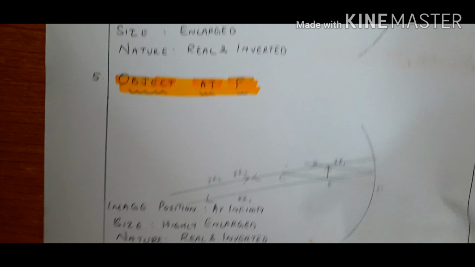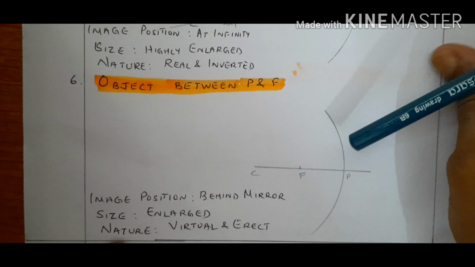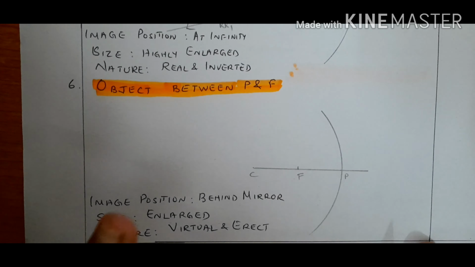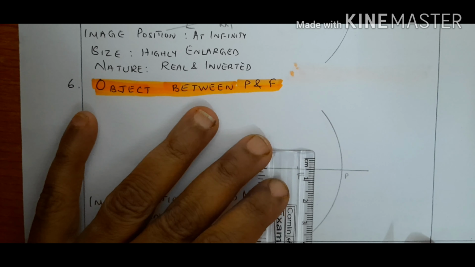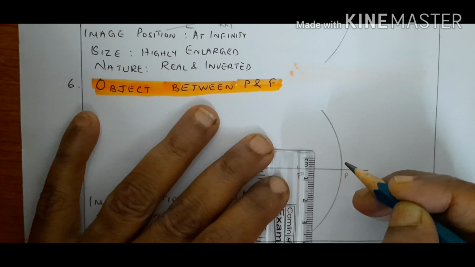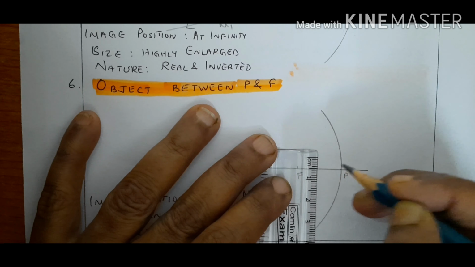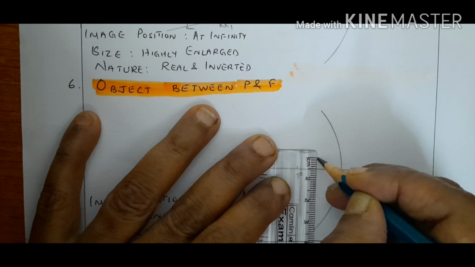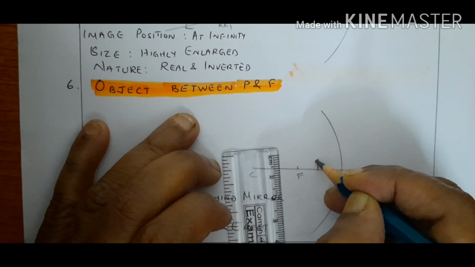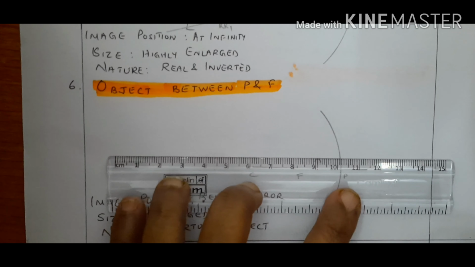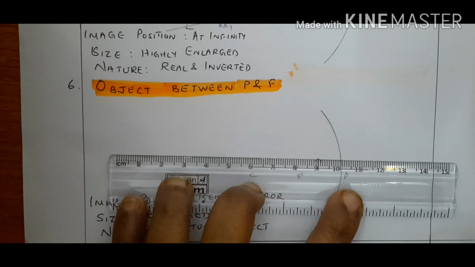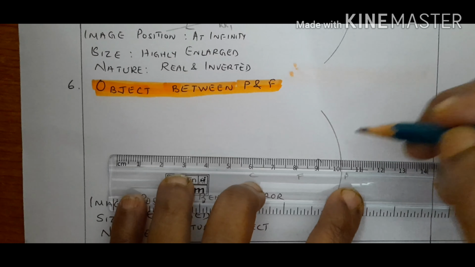Now the last position. Okay, the last position, I am bringing the object still closer to the mirror, and here I am keeping the object between the pole and the focus. Okay, so between the pole and the focus. I'll take the first ray, that is from the top of the object.